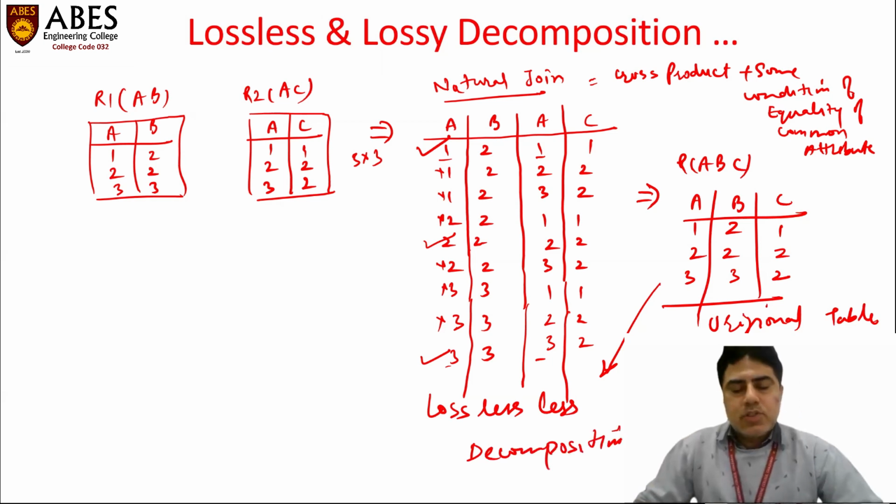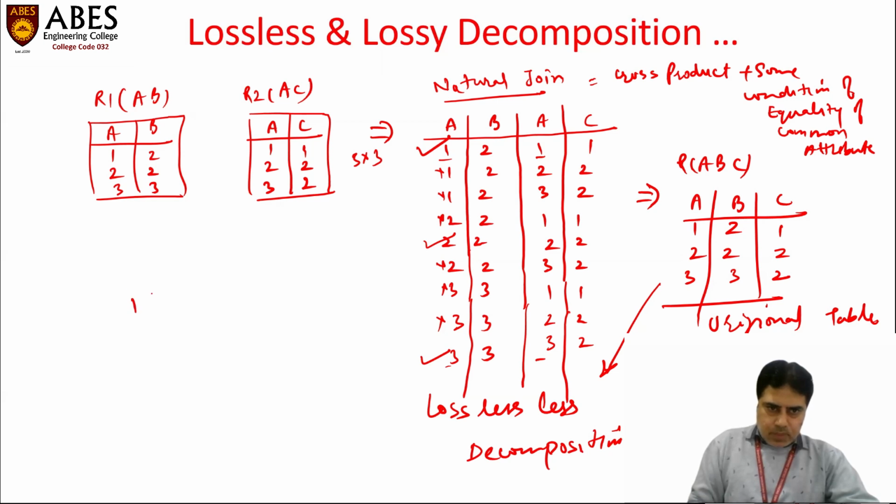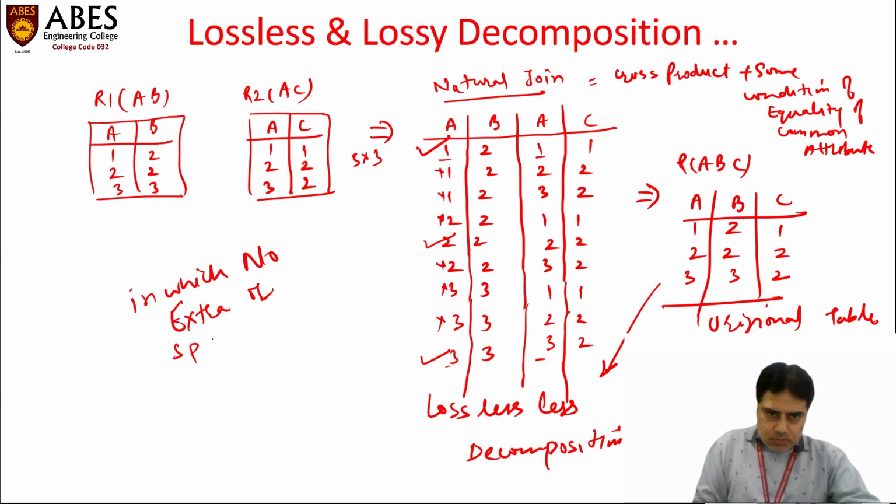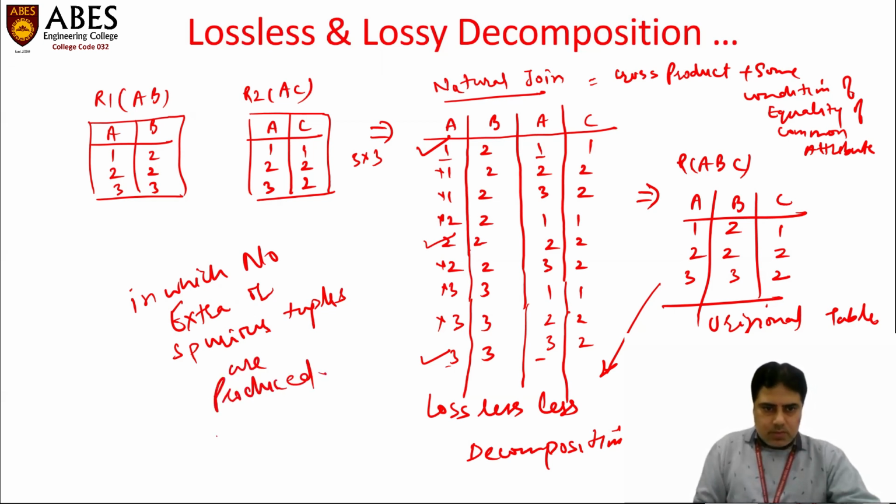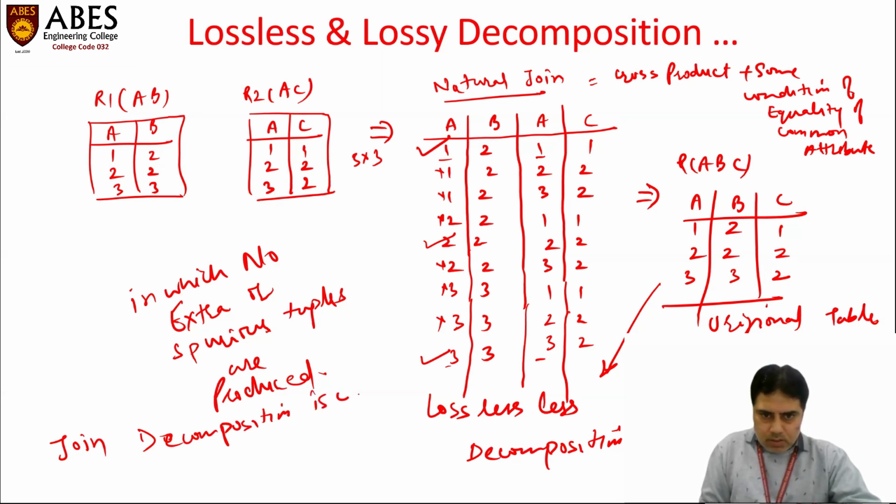This type of decomposition in which no extra or spurious tuples are produced, this type of join decomposition is called lossless decomposition.